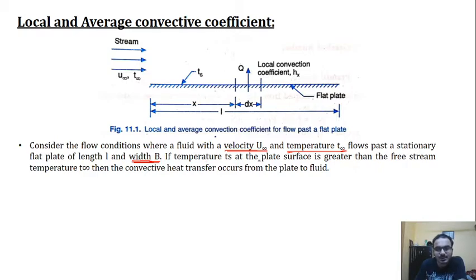If the temperature Ts at the plate surface is greater than the free stream temperature T infinity, then convective heat transfer occurs from the plate to the fluid. Obviously, if the plate is hot and the stream is at low temperature, heat transfer will occur from the plate to the fluid stream.